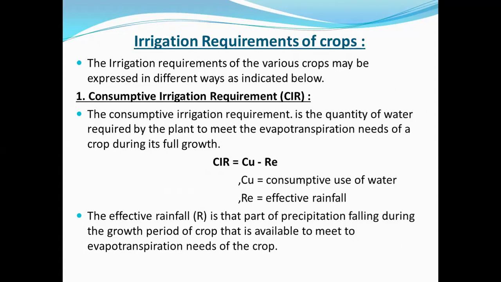So the equation is CIR equal to Cu minus Re, where Cu denotes consumptive use of water and Re denotes effective rainfall. So the effective rainfall Re is the part of precipitation falling during the growth period of the crop that is available to meet evapotranspiration need of the crop, right?